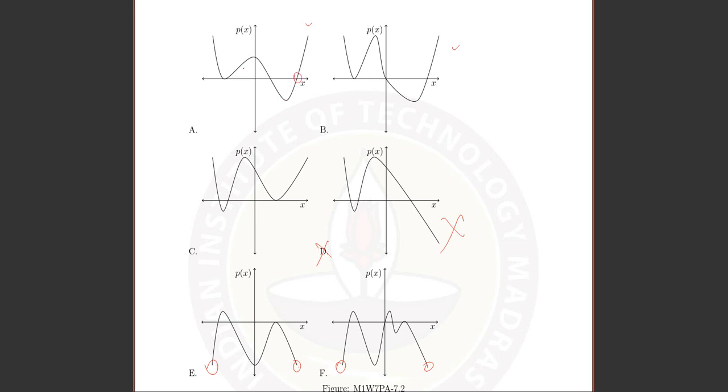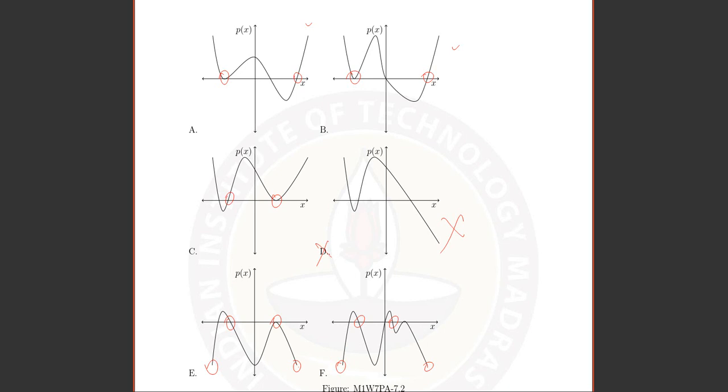Again here one positive, one negative, one positive, one negative, and so on. So this satisfies for all of A, B, C, E, F.